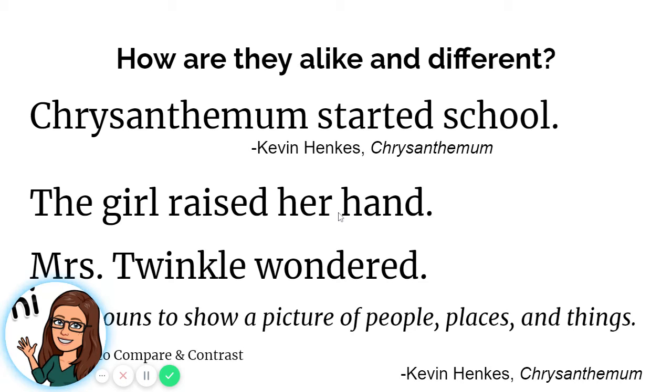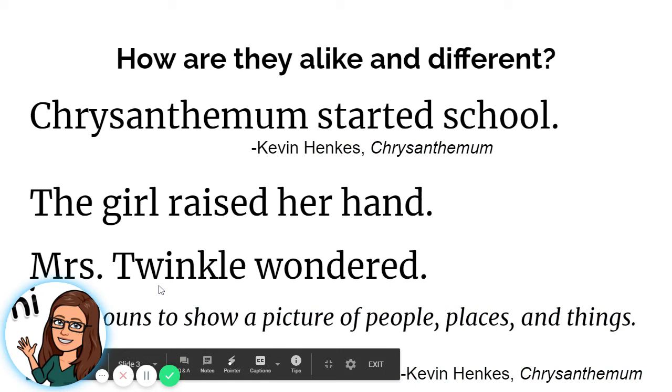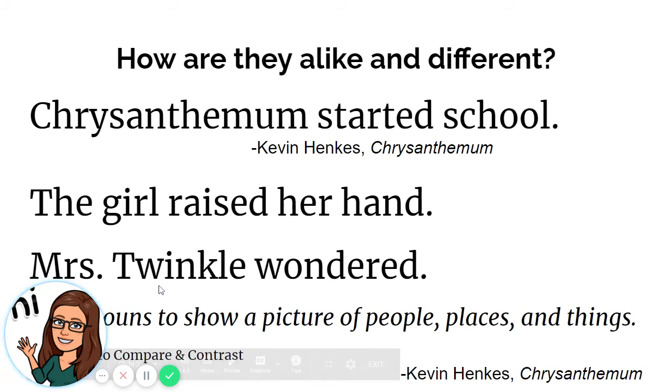Now let's look at that last sentence. Our third sentence says, Mrs. Twinkle wondered. Let's count how many nouns. Remember, Mrs. Twinkle is the name of the teacher in our story. So that's a person.